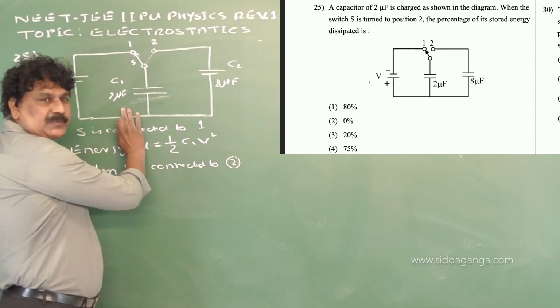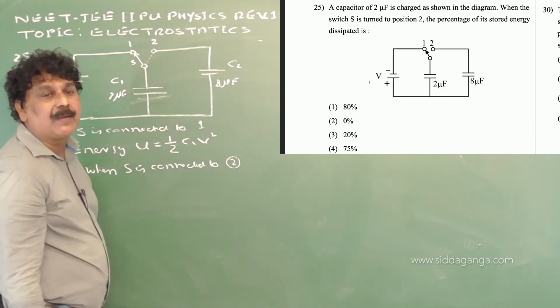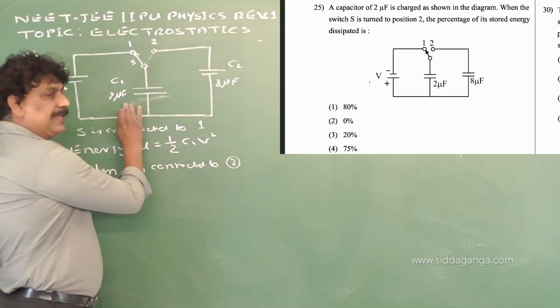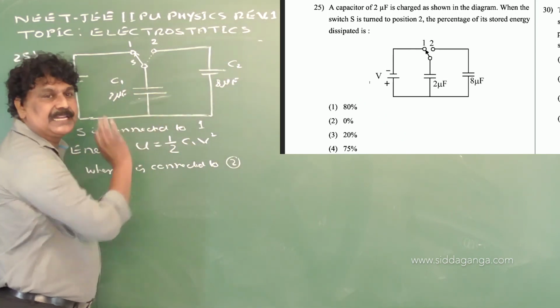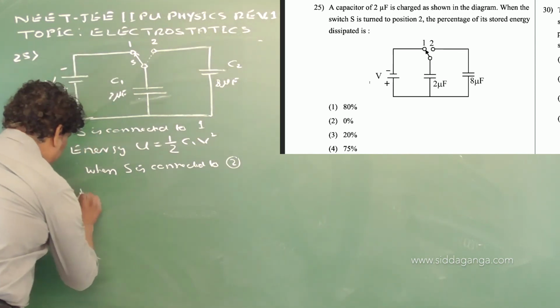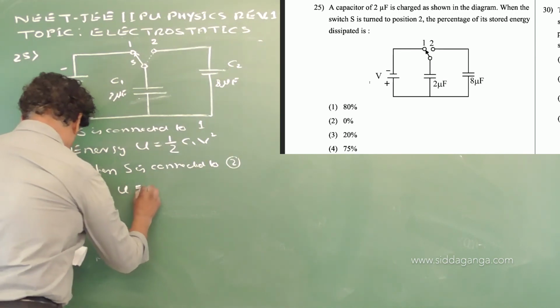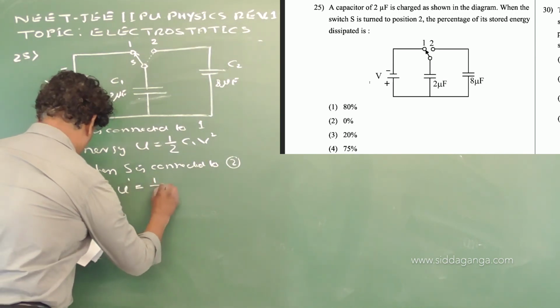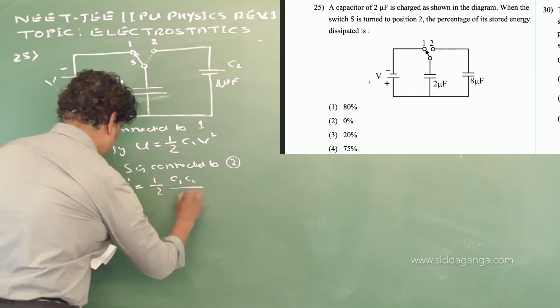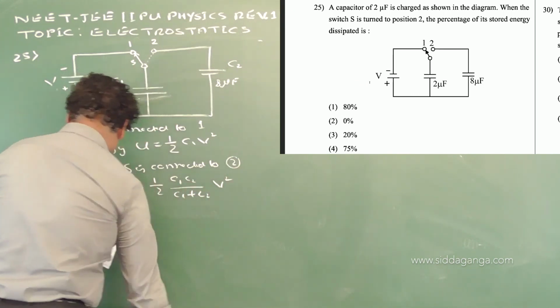Now the charge flows from C1 to C2 until they acquire a common potential. Now in this case C1 and C2 are in parallel. Therefore, the new energy U dash is equal to half C1 C2 by C1 plus C2 into V square.